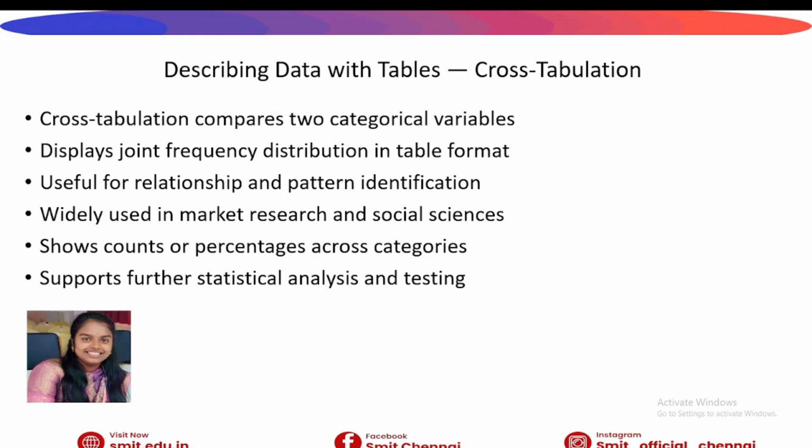There are some key features for cross tabulation. Rows represent categories of one variable, columns represent categories of another variable, and cell values show frequency counts. Now we can see the uses of cross tabulation.